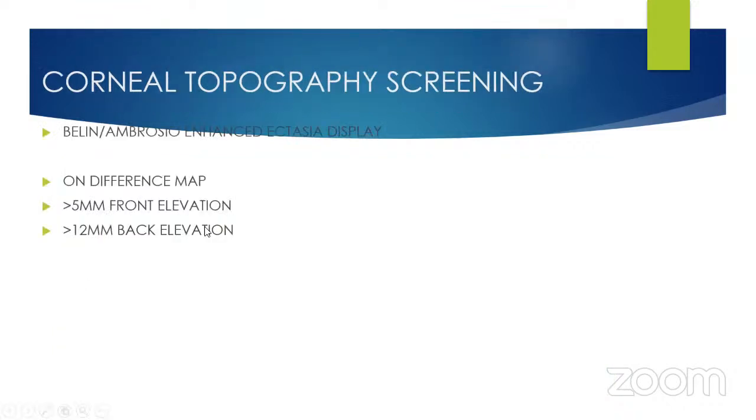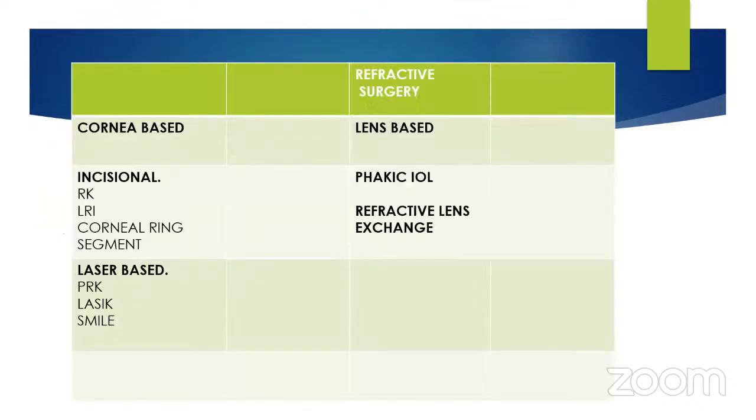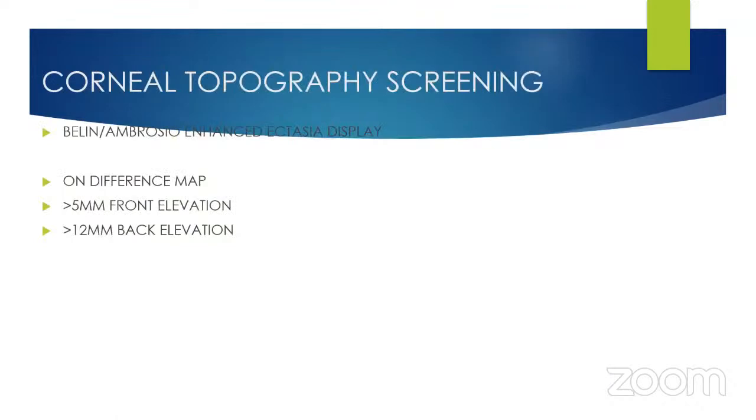And based on the Belin Ambrosio enhanced ectasia display on the difference map, if the front elevation is more than 5 micron and back elevation is more than 12 micron, it also indicates the cornea is at risk.